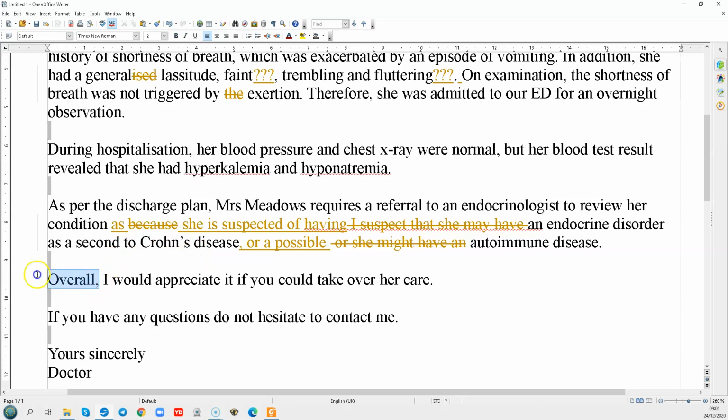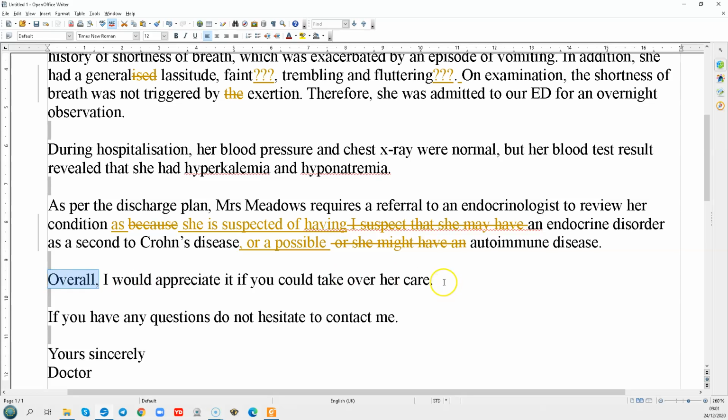Now, overall what? You're not writing an essay. So what you usually do here at the end, in the closing, this is where, in view of the above or something, I would appreciate it if you could take over her care.